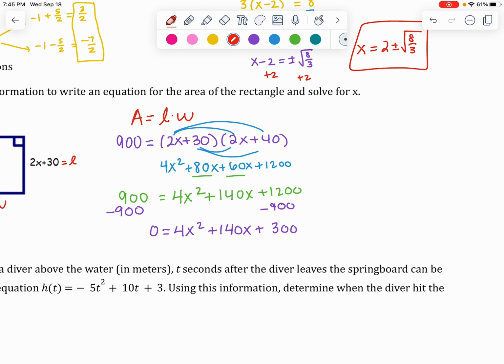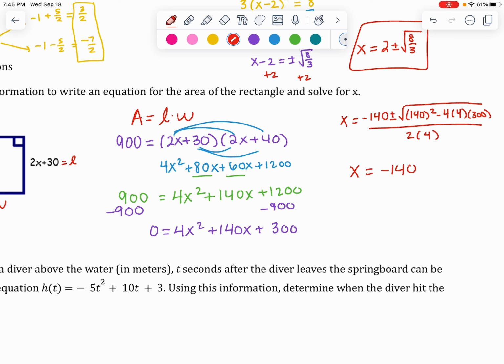You could also try to factor. I'm going to go straight for quadratic formula. So negative b plus or minus the square root of b squared minus 4 times a times c all over 2 times a.